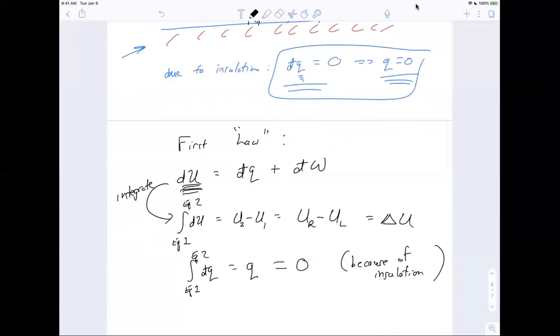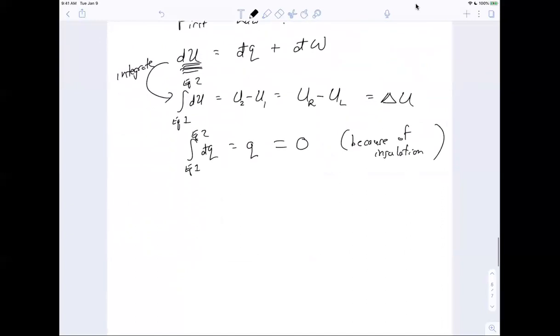Okay, so that leaves this work term. We can integrate the dW from equilibrium state 1 to equilibrium state 2, and that's just the integral of dW as the system goes from left to right.